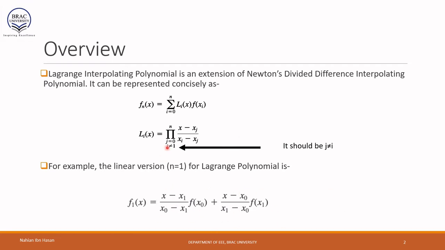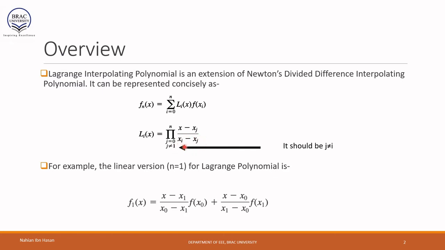Look at this. In the first case, i equal to 0, that means j is not equal to 0. That means the x minus xj terms, the x0 term, will not appear here. So look at this, there is no x0 term in the xj terms, only x1 here. j is not equal to i, because if j is equal to i, the denominator xi minus xj would be 0.